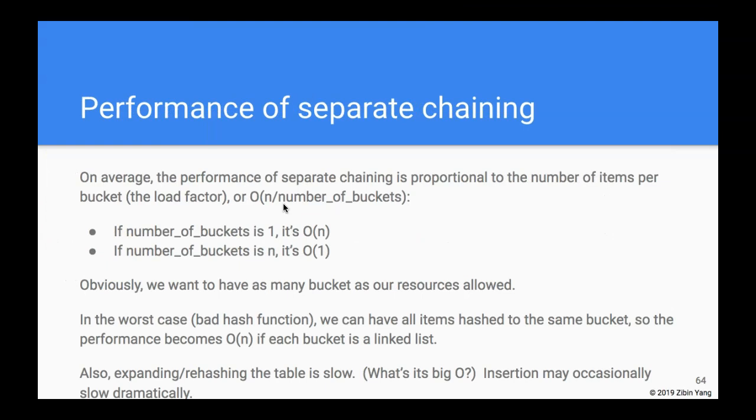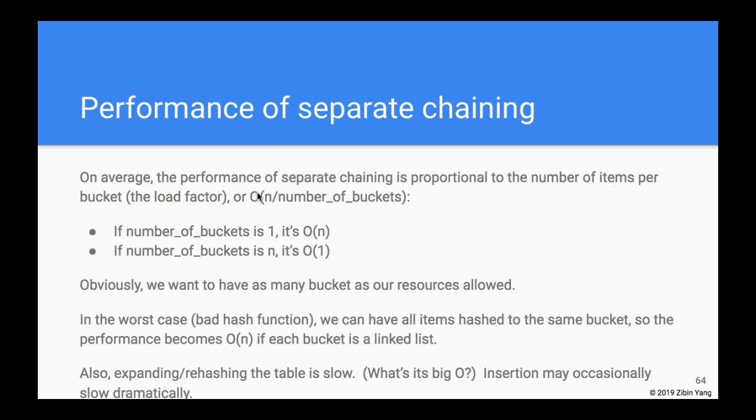Okay, so we want to wrap up the implementation by thinking about the performance of separate chaining a little bit. We discussed this earlier, but I just want to summarize it. On average, the performance should be proportional to the number of items per bucket, which is the load factor.